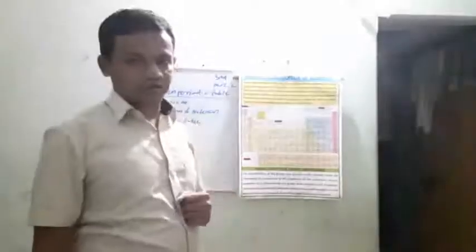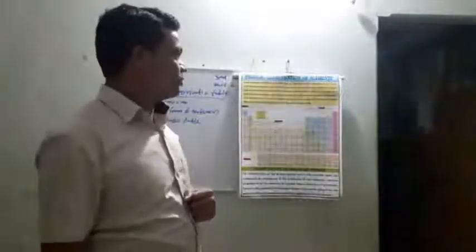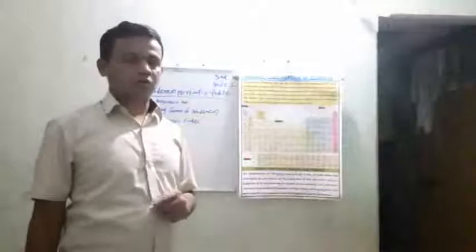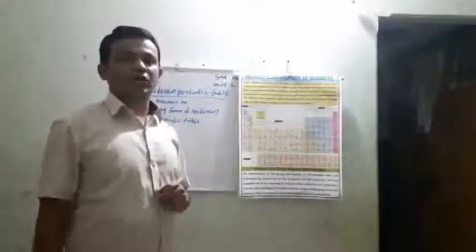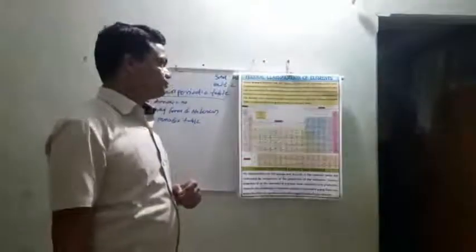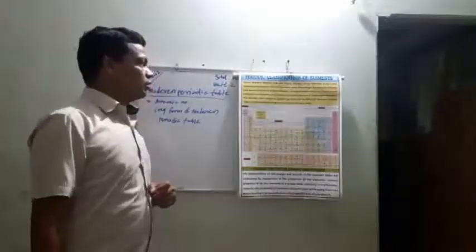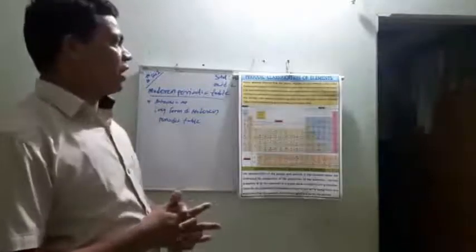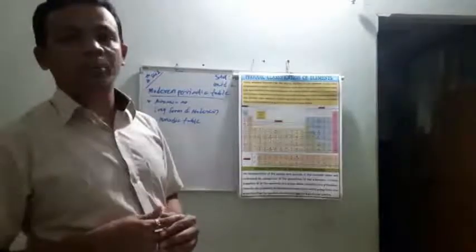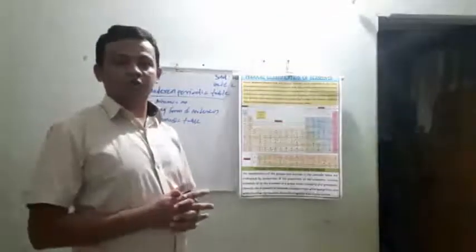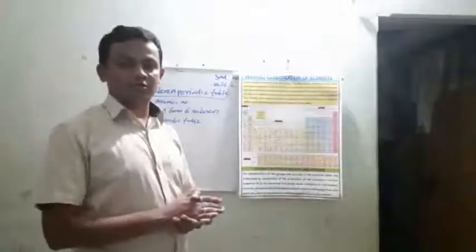In that we saw Mendeleev's periodic law, which is based on the atomic mass of elements, that is, the chemical and physical properties of elements are a periodic function of their atomic mass. So this topic we saw last time.